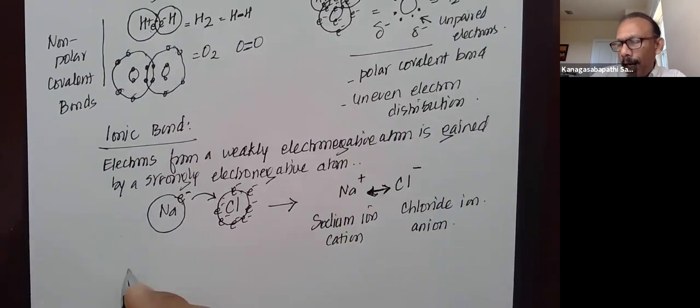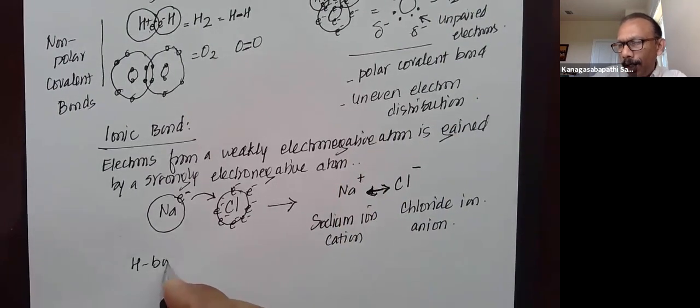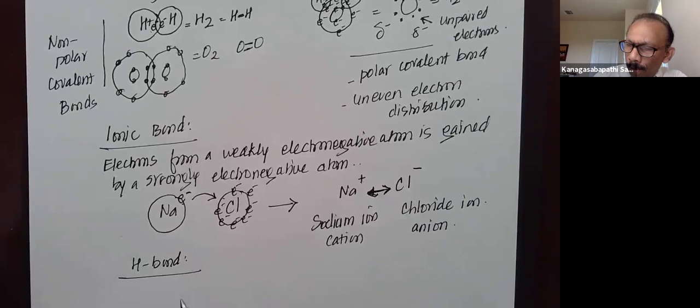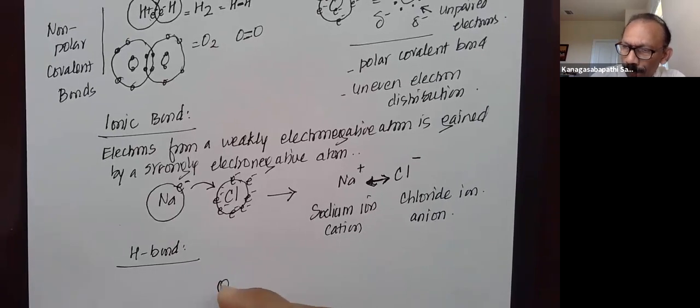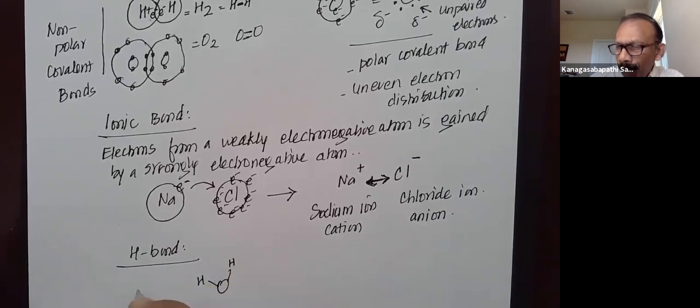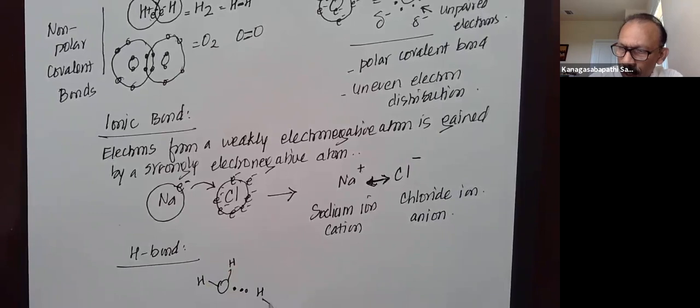Okay. The next type of bond is a hydrogen bond, where a partially positive is attracted to a partially negative. So this is a water molecule. This hydrogen is attracting another molecule's oxygen, partially positive attracted to the partially negative.